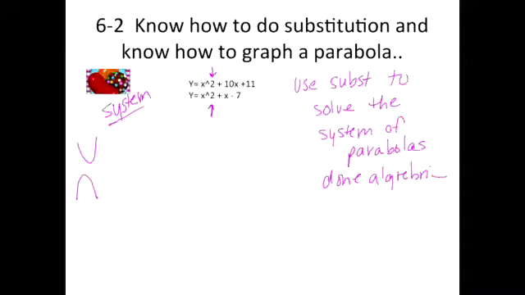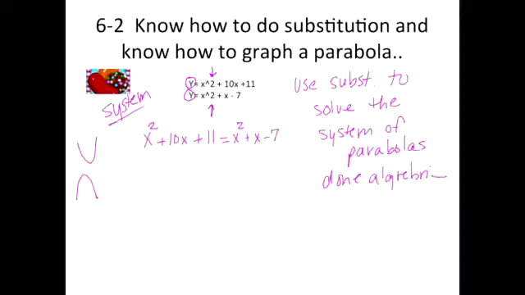Okay, so this is something that is often frequently overlooked, and so I would like to stress to you, they are both equal to y. Y is by itself. So it might just be super duper easy to set the two equations equal to each other because they are both equal to y.